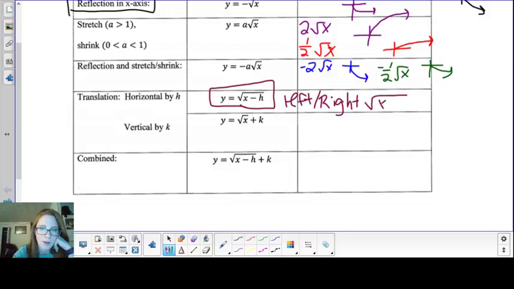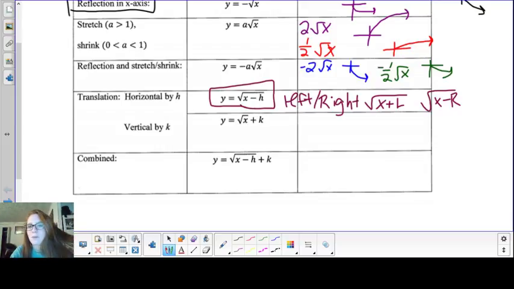If it's x plus, you go left. If it's x minus, you go to the right. It's opposite. So typically you're used to going left when you're negative. Just trust me when I say we're going to go left when we add, if there's a plus in the middle.